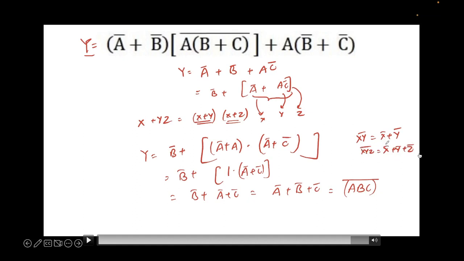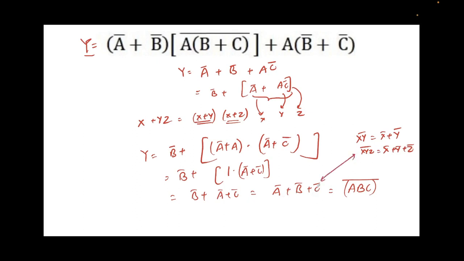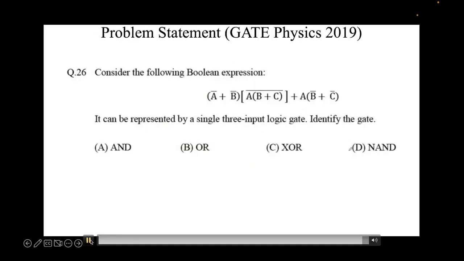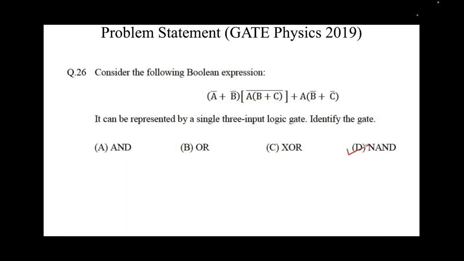This is an important thing that you should try to remember, so that you don't have to derive it in the exam itself. So our form was A bar plus B bar plus C bar, and if you compare with this, then we can write it as ABC whole bar. Now this is what's happening here. We are adding the three inputs and then taking an inverter. This is nothing but a NAND gate, and hence the correct option is D, NAND.